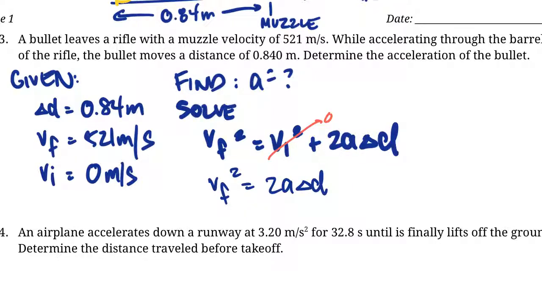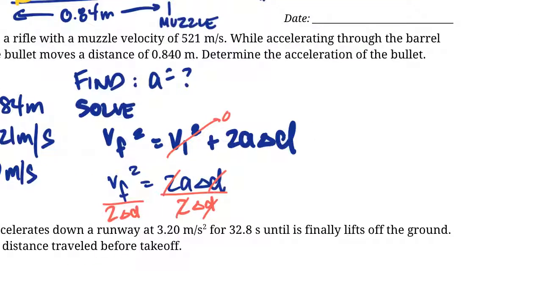To solve for a, we can divide by 2 and delta d, right? That's going to cancel these out. And we have to do the same thing on this side. So 2 delta d. To rewrite that equation, a is just going to equal Vf squared over 2 delta d.